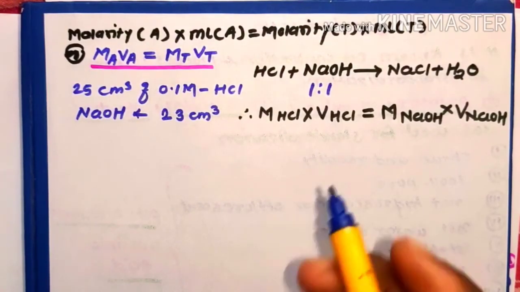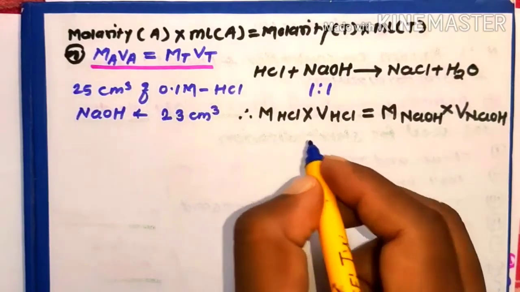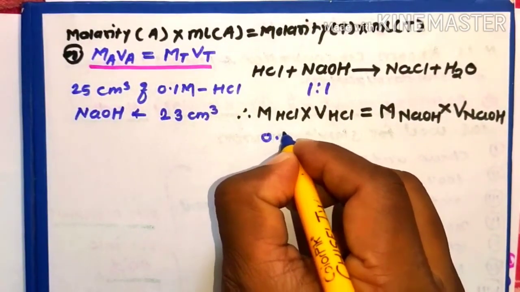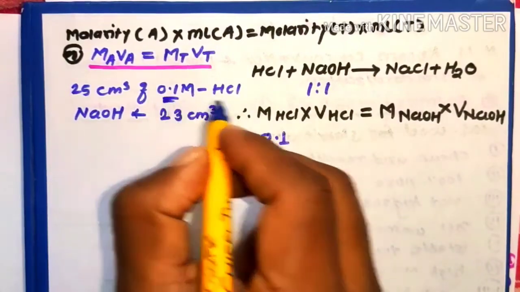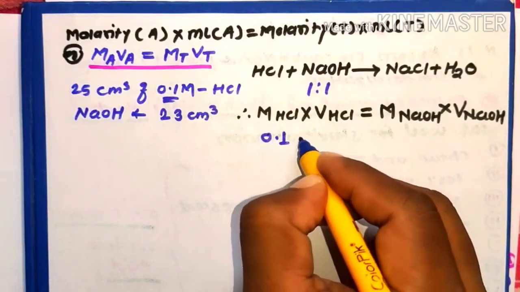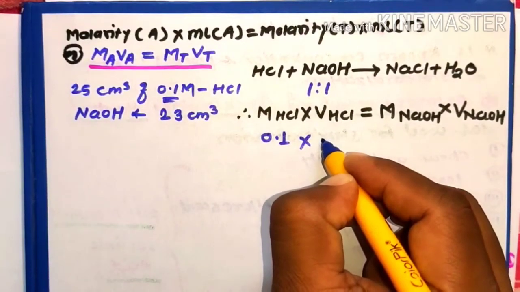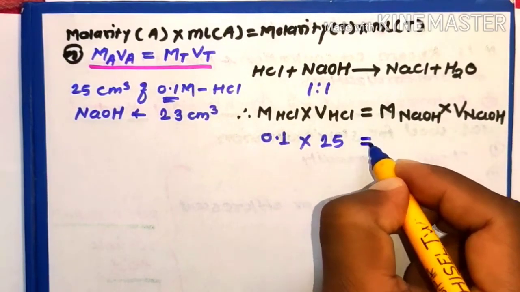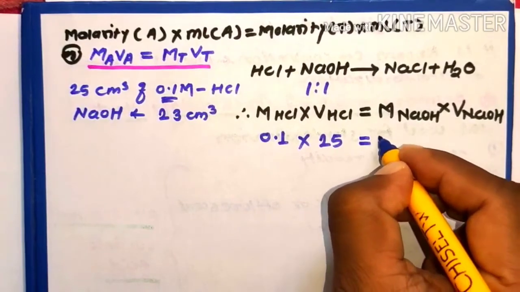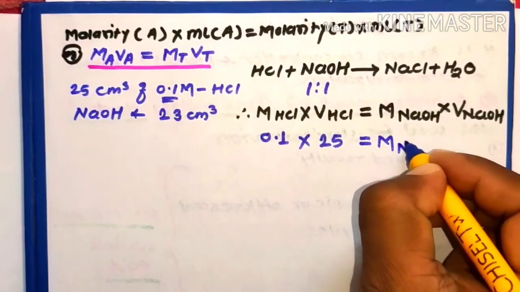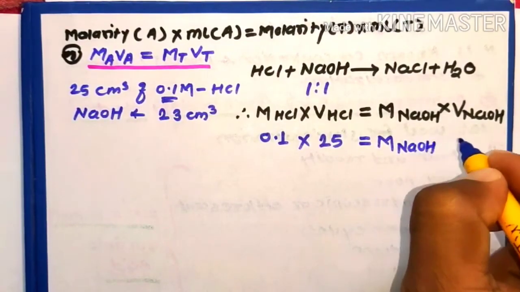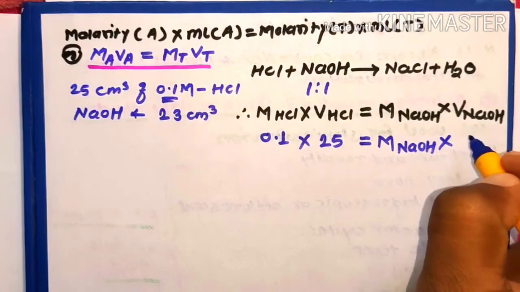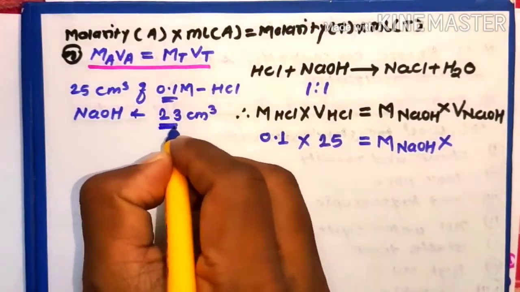Here the molarity of HCl is 0.1 at the given volume of 25 cm cube, which is equal to the molarity of NaOH into 23, the required volume.